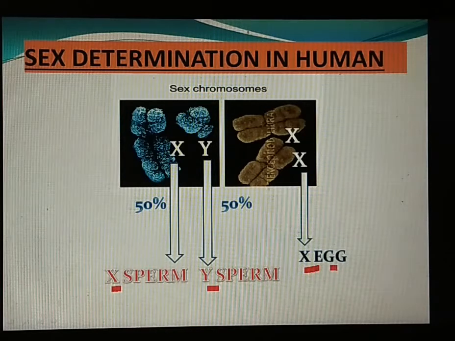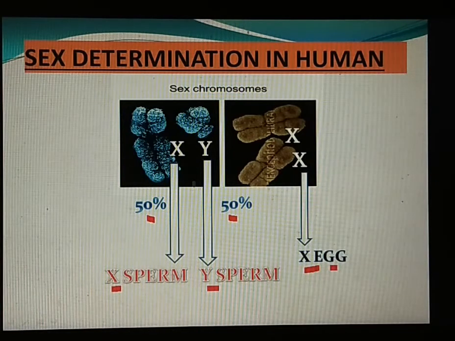Since males produce two different kinds of gametes, we can say that 50% of sperms will carry the X chromosome and the other 50% of sperms will carry the Y chromosome. The sex of an offspring or individual is determined at the time of fertilization.